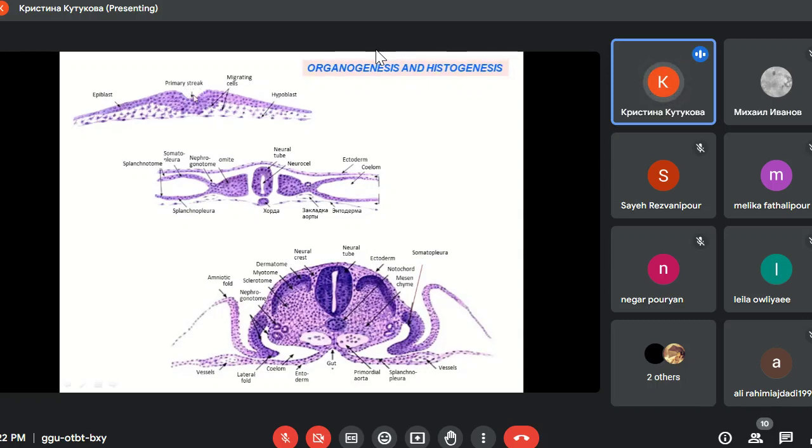This area in the middle, this invagination of tissue, it is actually the primitive streak or primary streak through which the cells, migrating cells of epiblast, detach from epiblast and migrate between the epiblast and hypoblast. Hypoblast is below.